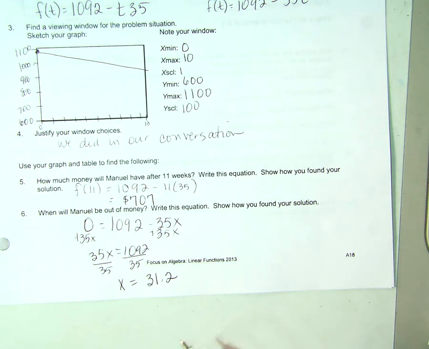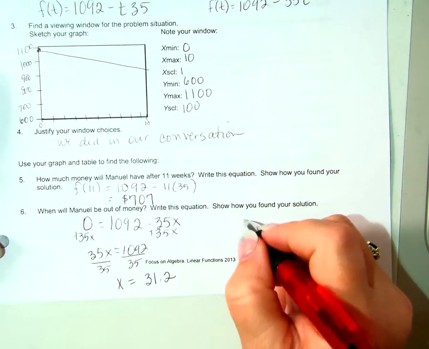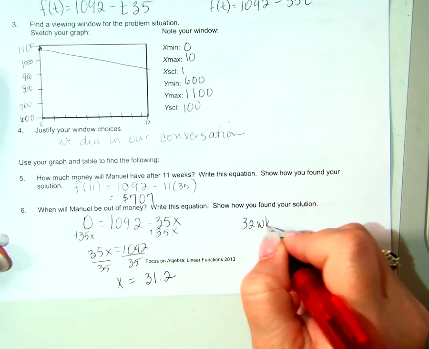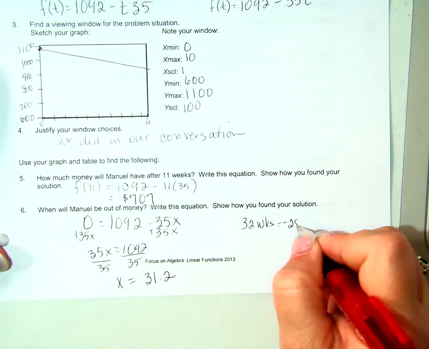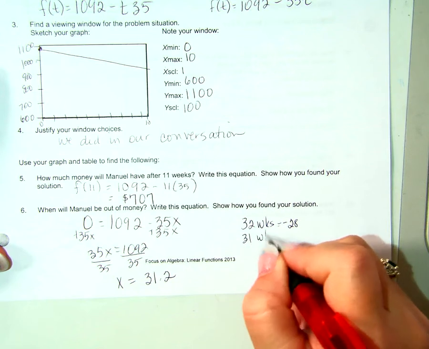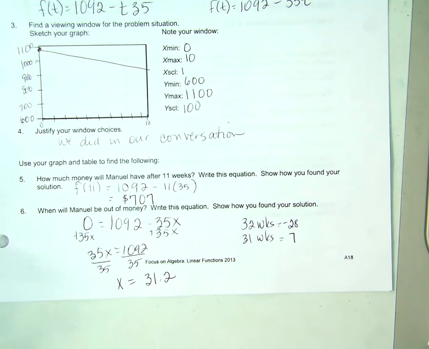Ready, Bailey? 1092 minus 35 times 31. So after 32 weeks, he has negative $28, and after 31 weeks, he has $7.